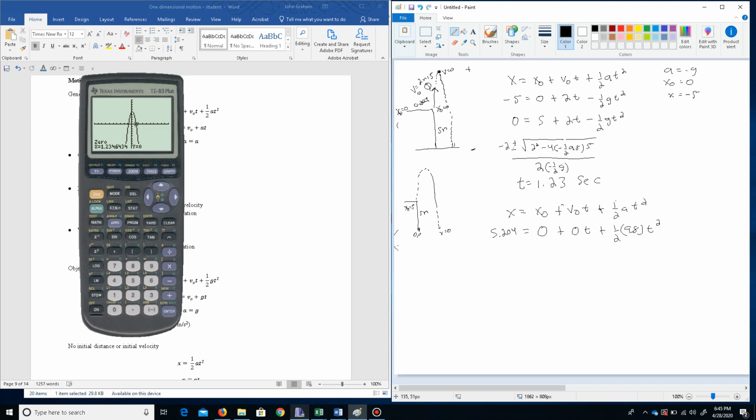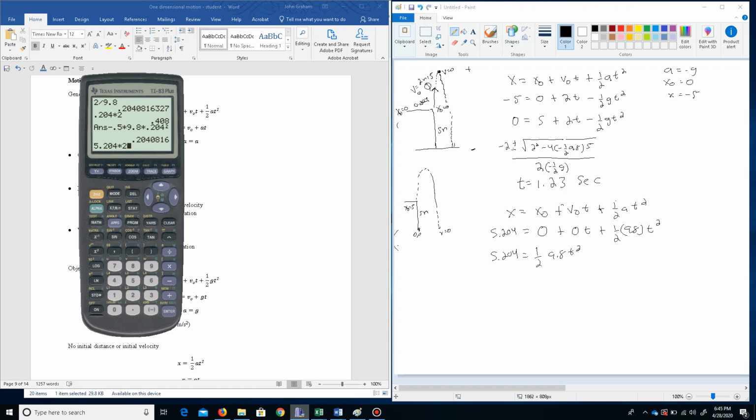So it's going to fall, and this will allow us to determine the time it takes to fall. So we'll do 1/2 9.8 t squared equals 5.204, and then solve for t.